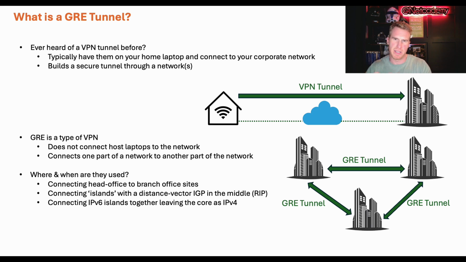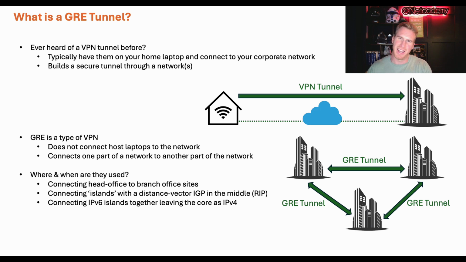If you think of a network running RIP in the middle, and you've got two islands, two WAN routers sitting on the end, and they just want to have connections directly to each other, you could build a GRE tunnel to go over that RIP network, which is distance vector. It has a limitation of 224, 225 hop counts, something like that. It's been a while since I've touched RIP. But then you can make those two islands, those two routers, feel like they're actually connected directly to one another.